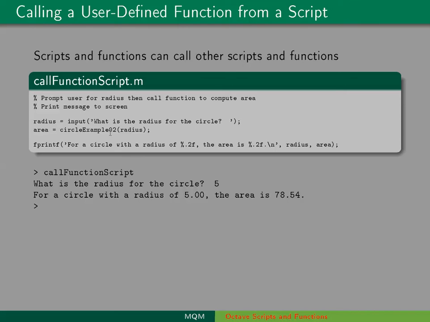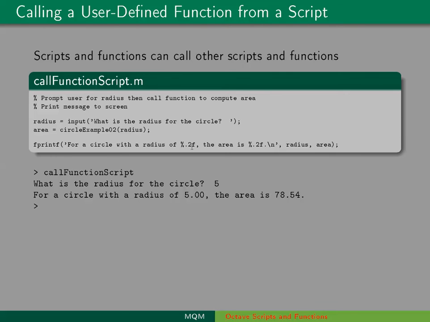The script calls the circleExample02 function, passing it the value of 5, and it assigns the return to area. And then the script executes this line, which says for a circle with radius of 5.00. So this is a float with 2 decimal places. That's what the 0.2 and the F mean. The area is 78.54.